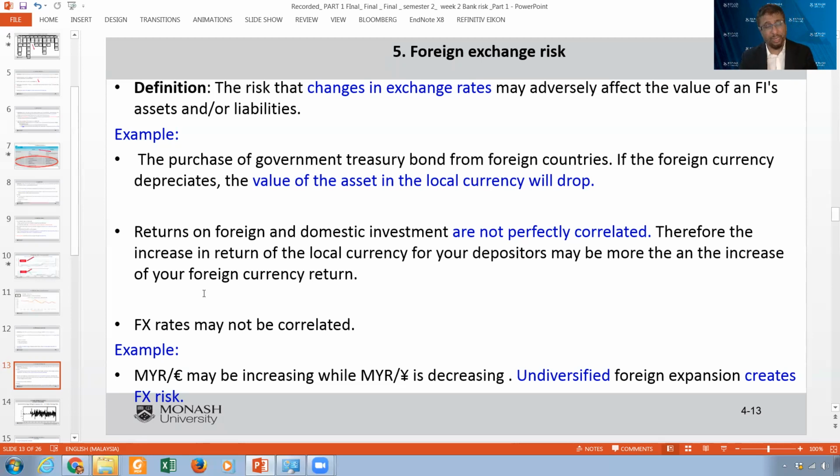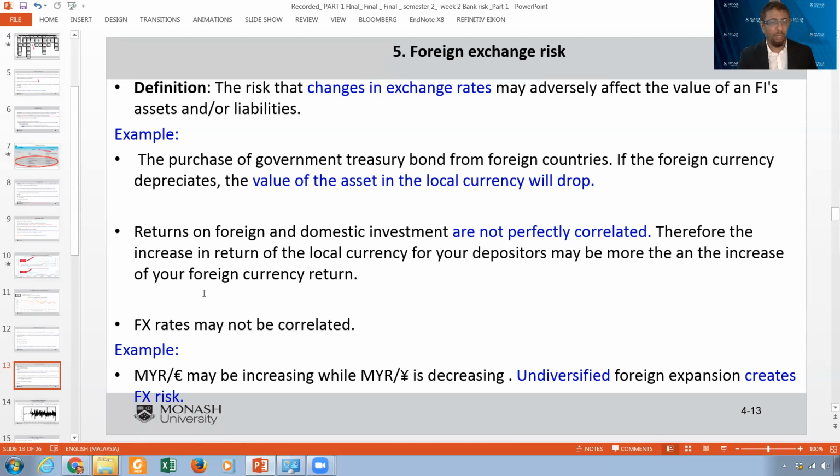If you are making investments in Japan and in the US, a depreciation of the American dollar doesn't mean that your investment in the Japanese market will increase because the Japanese yen is appreciating.